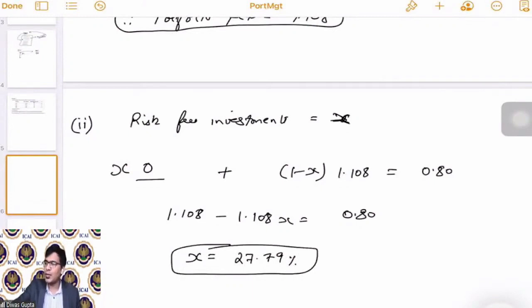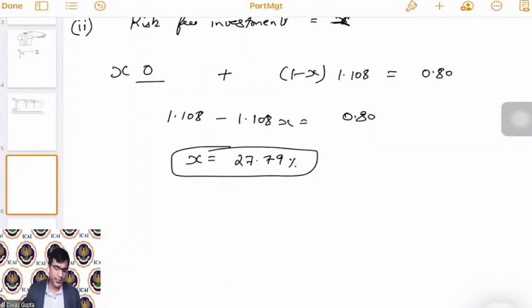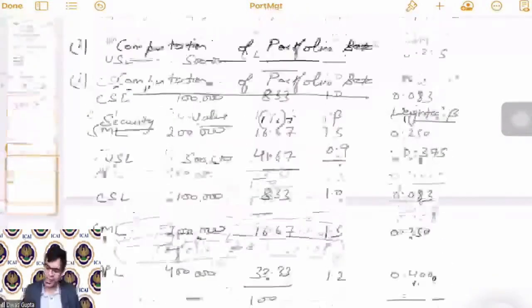Naveen is also saying 0 and Daksh is also saying 0. Perfect. All of you are bang on the point. It's always 0. So x is equal to 27.79 percentage, which is the percentage of total investment that we should invest in a risk-free investment. Now, to calculate in terms of amount, how much is the total amount as per the question?